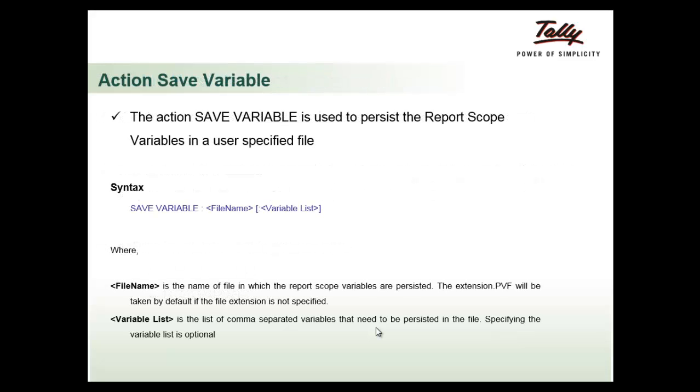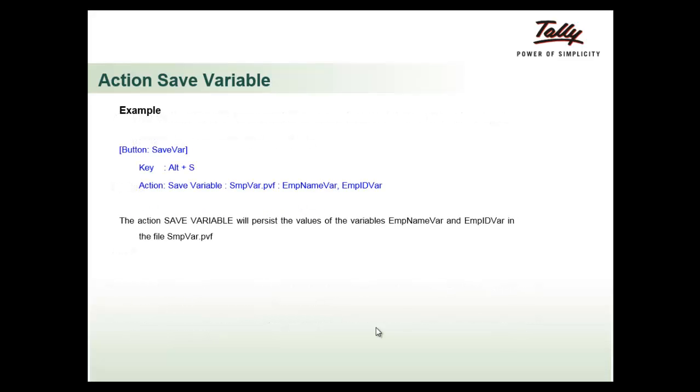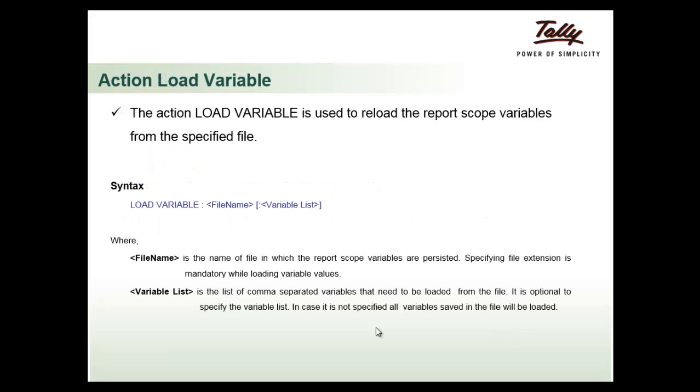So when you say save variable and give a file name and a list of variables, those variables will be saved in the user defined file name. After saving to the file, you can even load those variables from the file, and the file by default is a .pbf file.